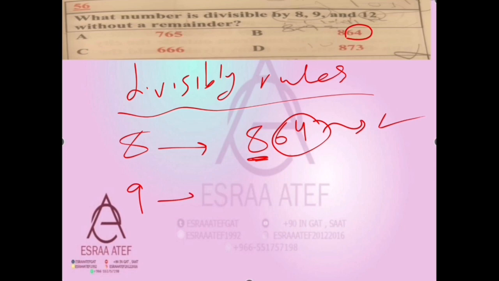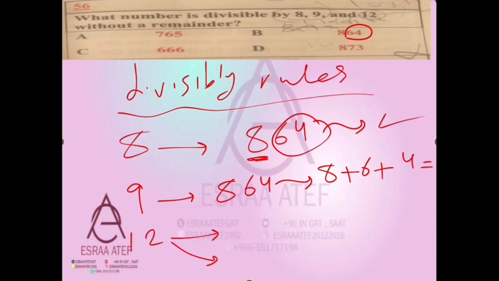For 9, I will take the same number. To know if it's divisible by 9 or not, I will add the digits, which gives 18. 18 can be divided by 9, so I can take it. For 12, it should be divisible by 3 and 4, because 3 times 4 is 12. For 3, I add the digits of the same number, which is 18, and 18 can be divided by 3.